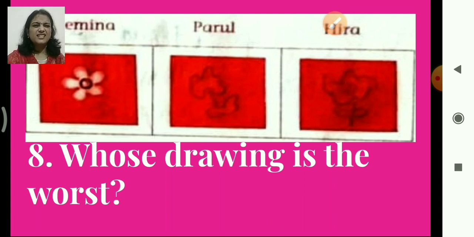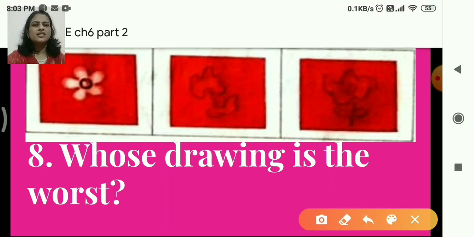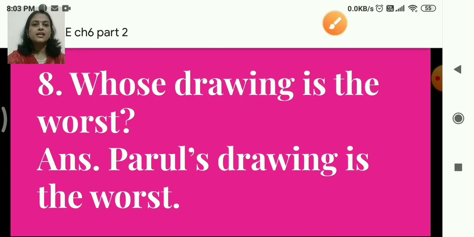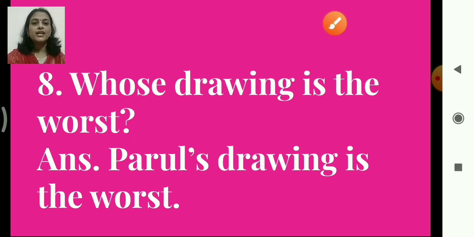Hira, right? Hira's drawing, it is not good, right? It is little shabby. So here we can say that Hira's drawing is the worst. Okay, so let's see. Yes, whose drawing is the worst? Parul's drawing is the worst. But we found Hira's, isn't it?